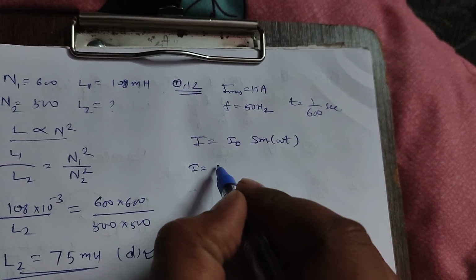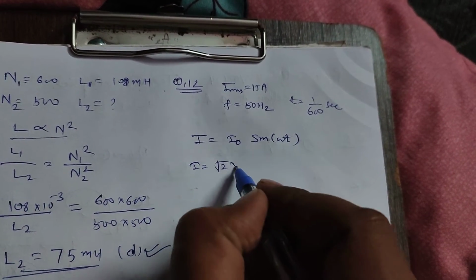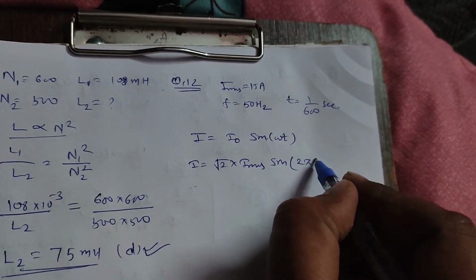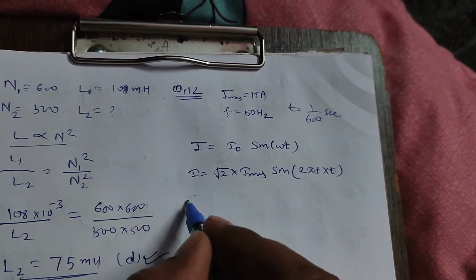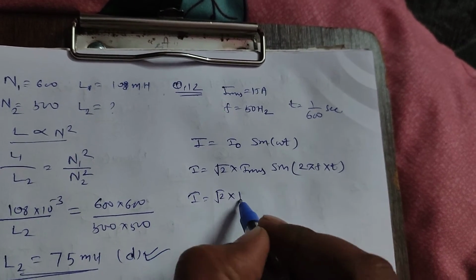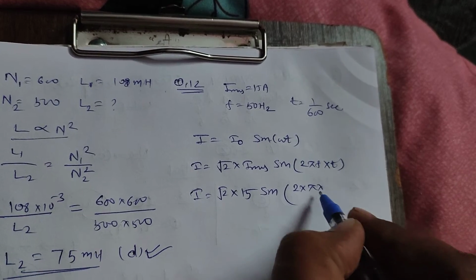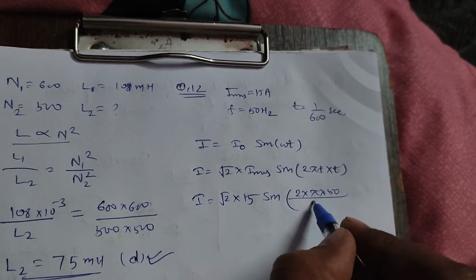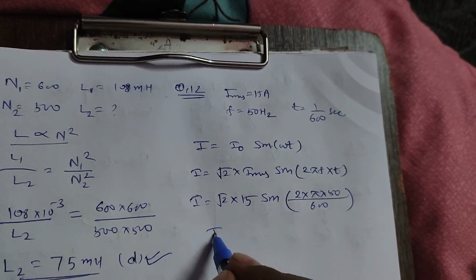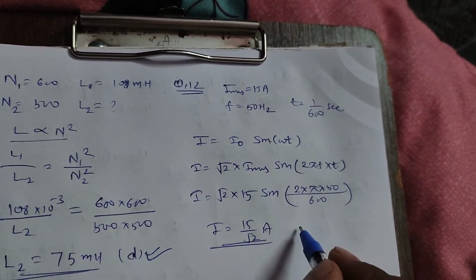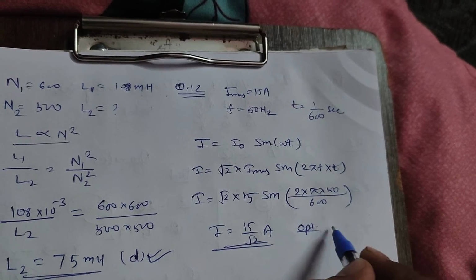I naught is root 2 into I RMS. Omega is 2 pi f into t. I is equal to root 2 into 15 sine 2 into pi into 50, and the value of t is 1 by 600. So the final answer is 15 by root 2 ampere. Option A is correct.